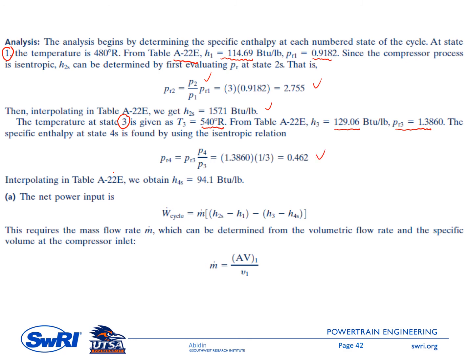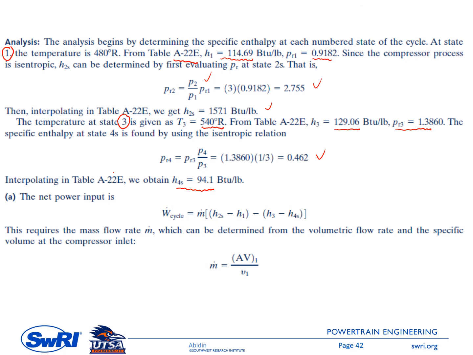Similarly, you will get PR4 from the correlation between the pressure ratio and PR ratio. PR4 is 0.462. By doing the interpolation, you will get the enthalpy at state 4S of 94.1 BTU per pound. Okay, we have completed fixing the properties at each state.